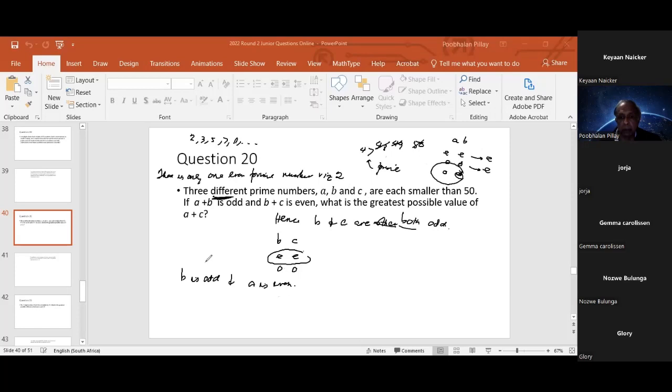One of them is odd, we know that B is odd, so A will have to be even. And that says, we know exactly what A is. A must be 2. It's a beautiful problem. Right? Just using these facts here, with pure logic, you can conclude that A must be 2.